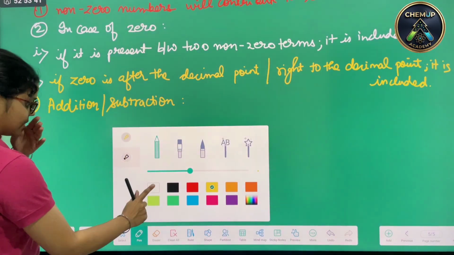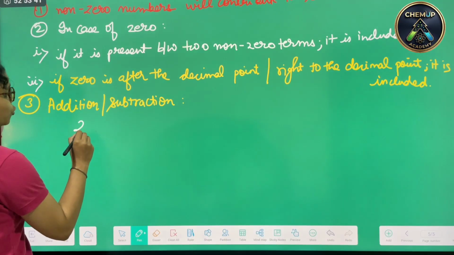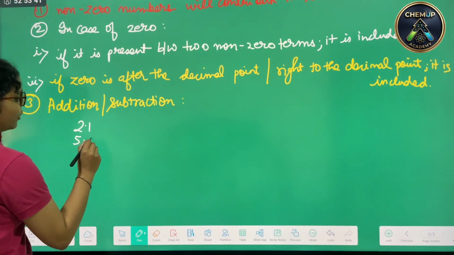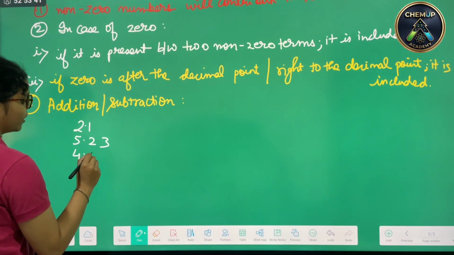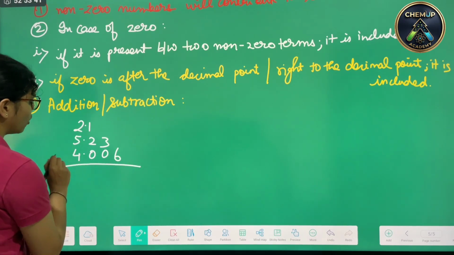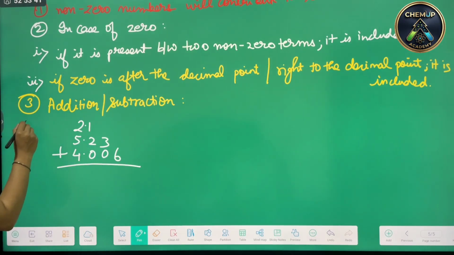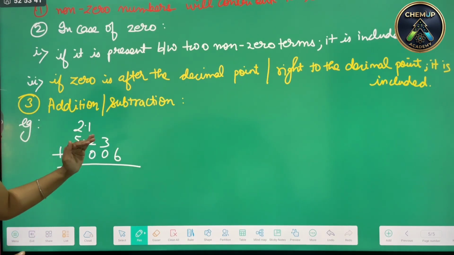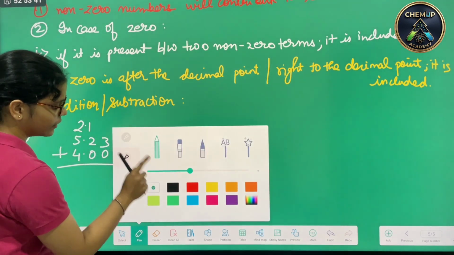Let's take an example. Say we need to add 2.1, 5.23, 4.006, and now we need to add these terms. Before actually adding, let me give you a hint.